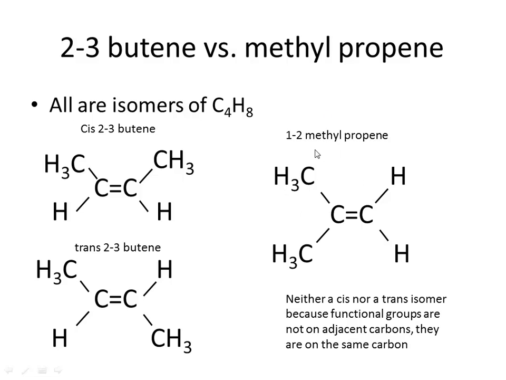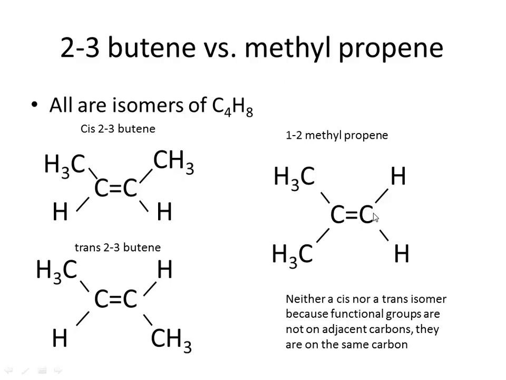You also have 2-methylpropene. Wait, is it reading from right to left? Either way, it's arbitrary. So for this one, you can have 2-methylpropene. Sorry, I think I might have named that a little bit wrong. But would it be 3,4?